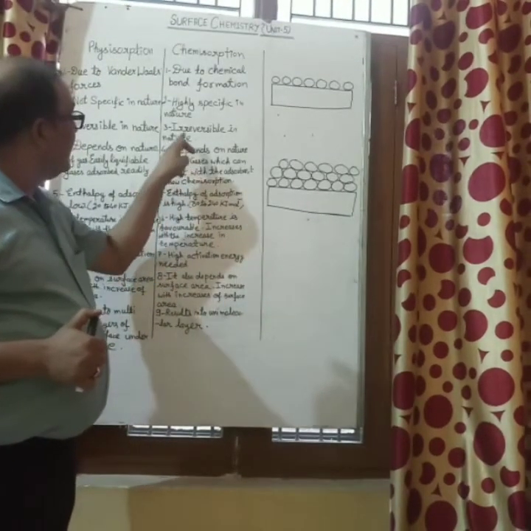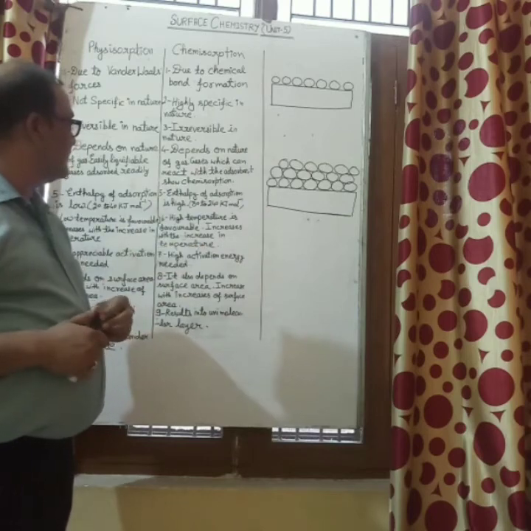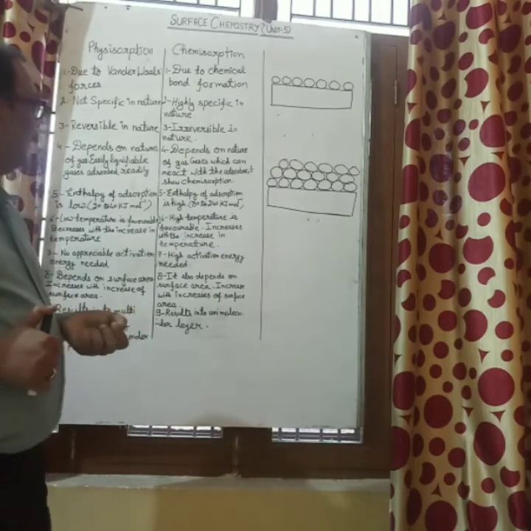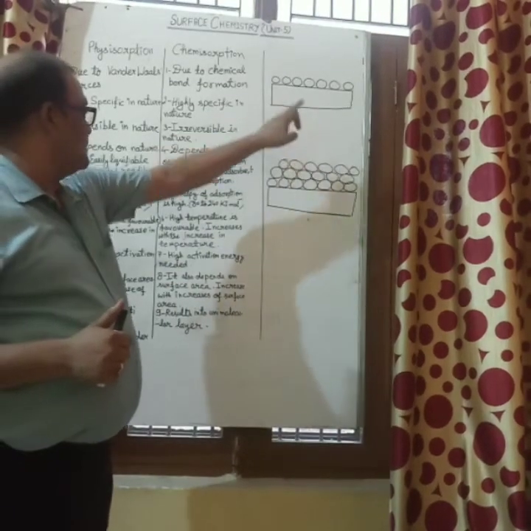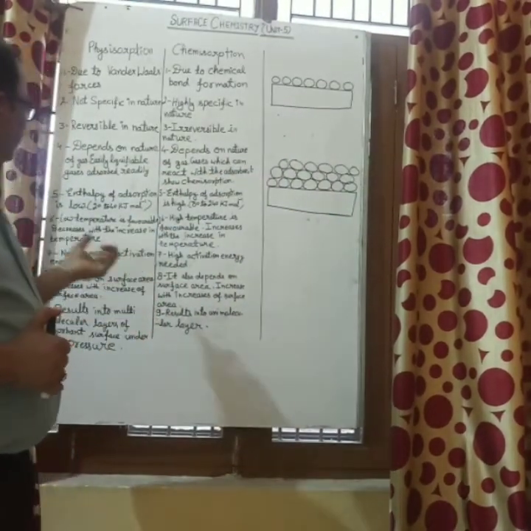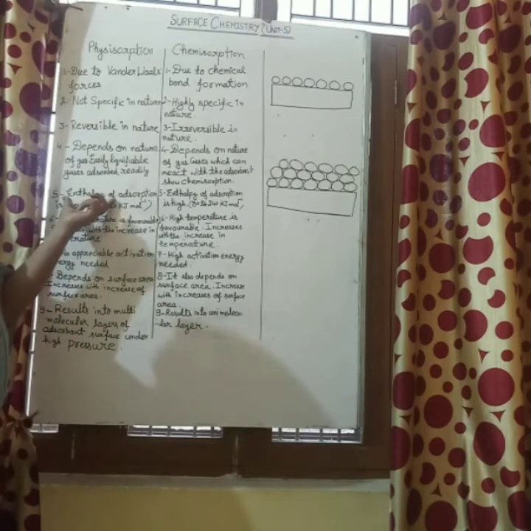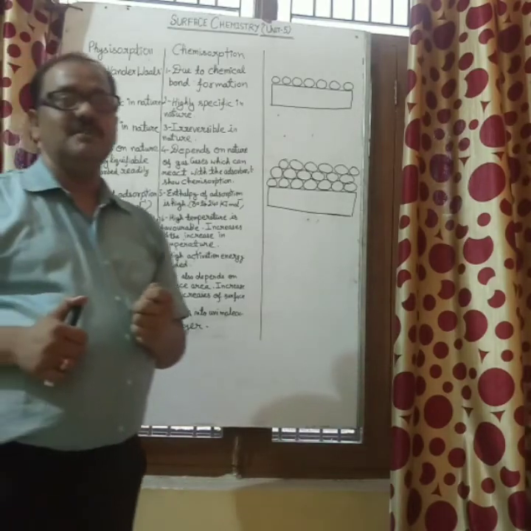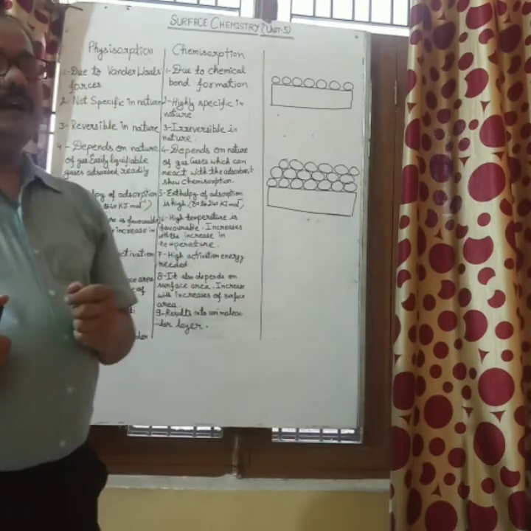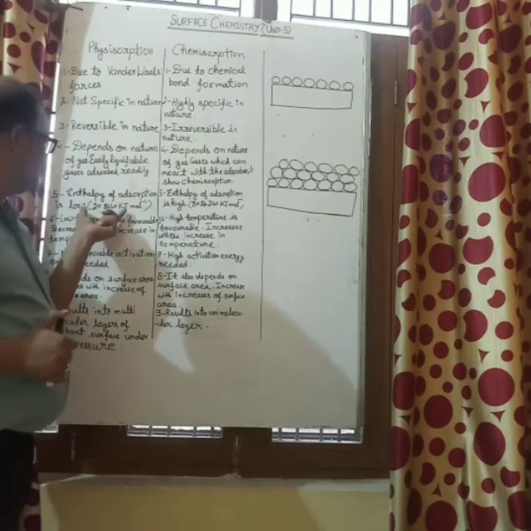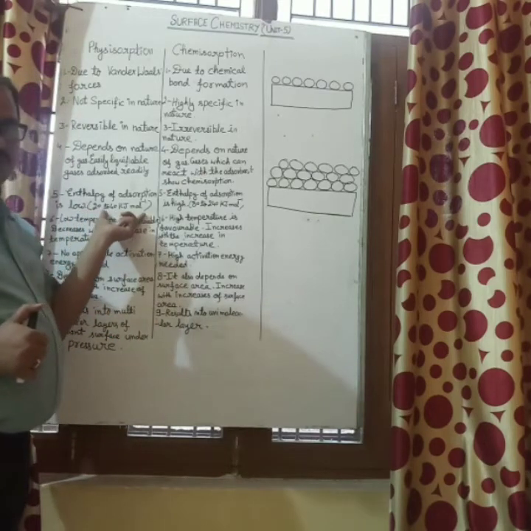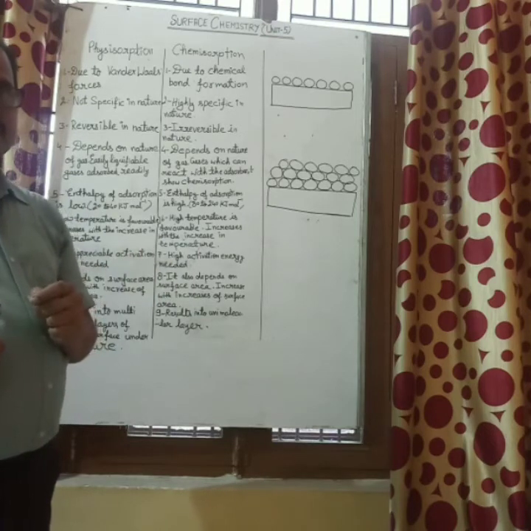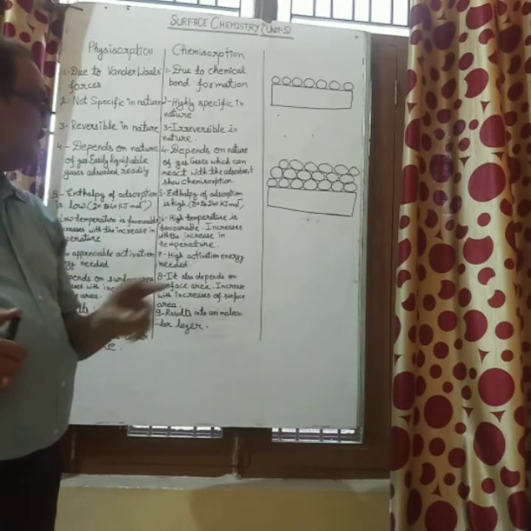And chemisorption of the gas, it depends simply on the nature of the bond formation. Okay? And the enthalpy of adsorption in case of physisorption is low, and its value ranges from 20 to 40 kilojoule per mole because of the weak force of attraction between the adsorbate and adsorbent.